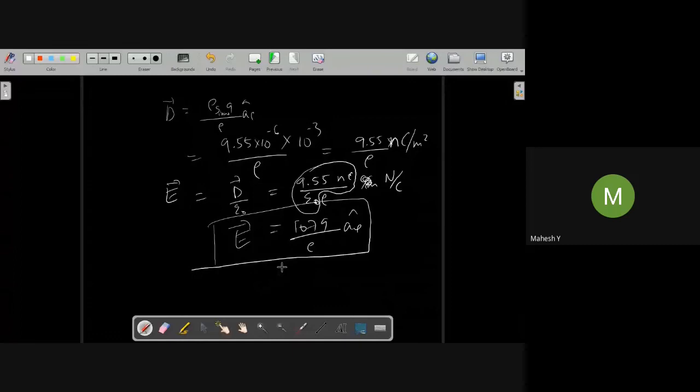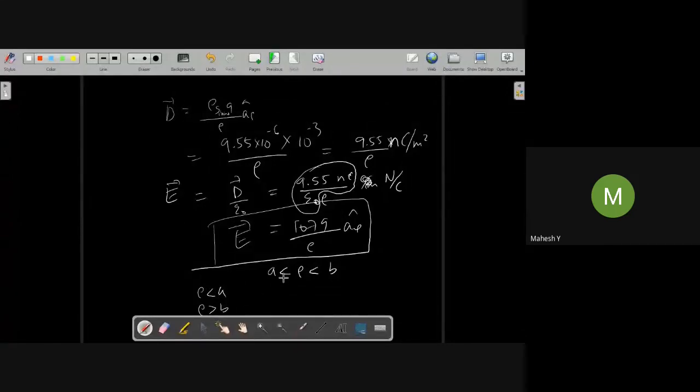So what is that condition? When this value E is equal to this one, at what values of rho is this condition existing? This is only when A less than rho less than B, right? So what if rho less than A and what if rho greater than B?